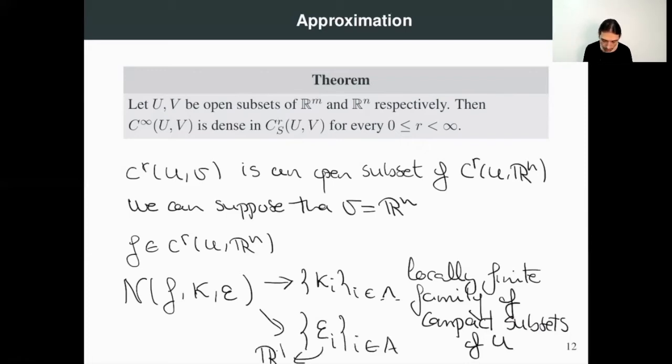So this is going to be a subbasic neighborhood.